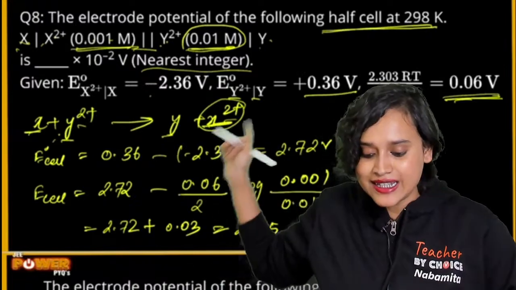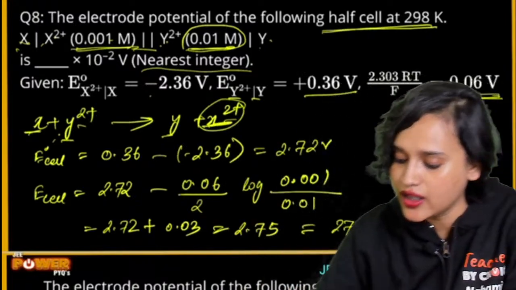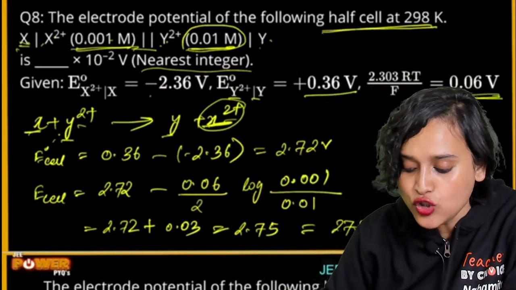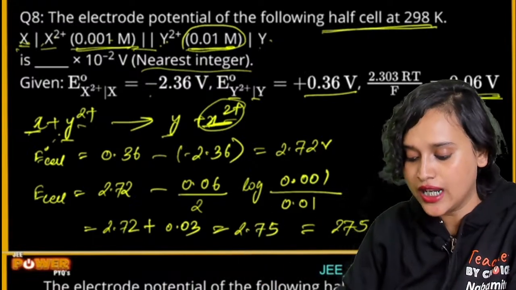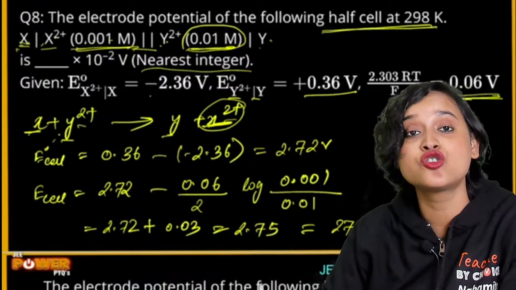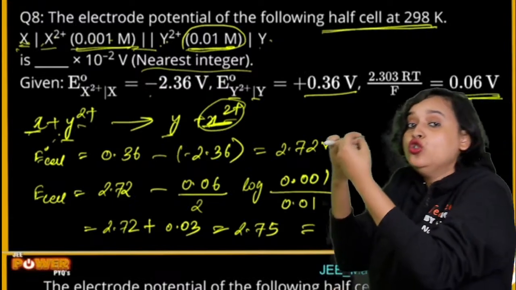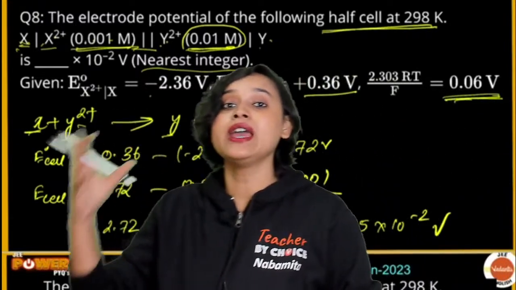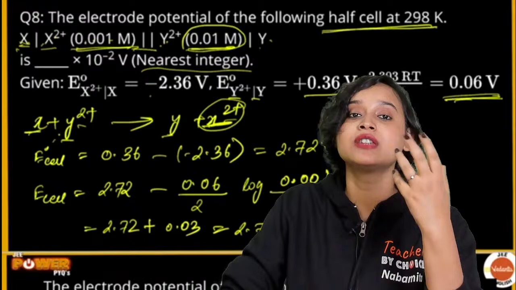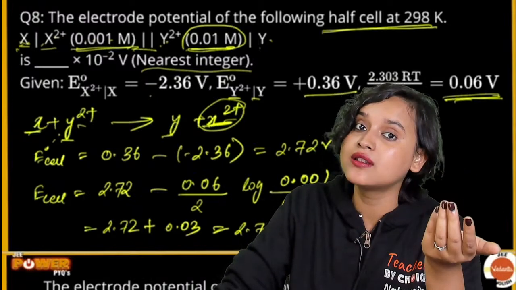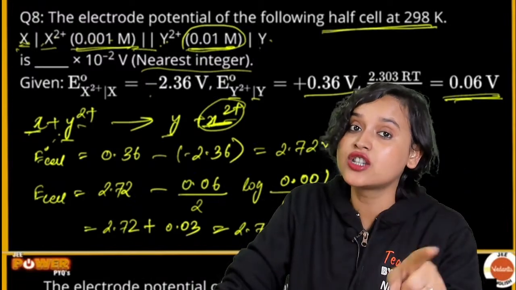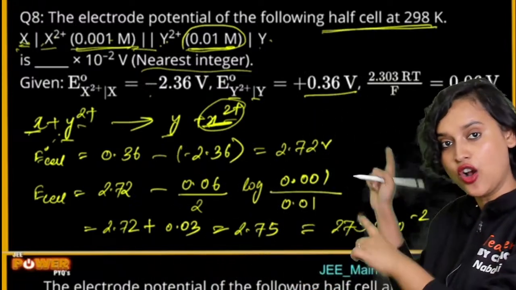Now, in this case, they are giving you X to X2 plus. When X forms X2 plus, it is losing electrons. We all know that oxidation is loss of electrons. So right here, oxidation is happening.